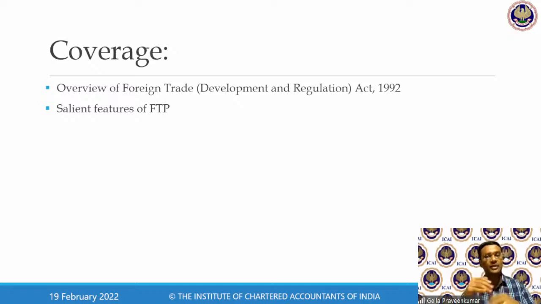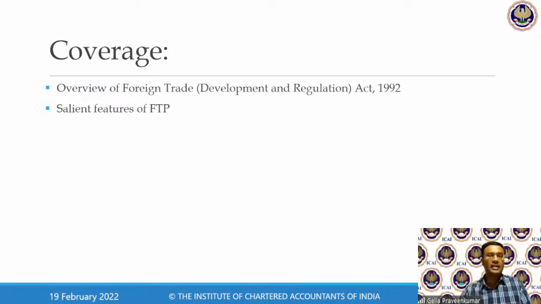Any goods exported out of India, any goods imported into India, need to be regulated: the goods which are freely tradable, the goods which are restricted, the goods which are prohibited. The policy decision is always with the Ministry of Commerce, which gives guidance and frames a policy. So the Ministry of Commerce and Industry regulates my foreign trade policy. These are the basics of foreign trade development and regulation with your foreign trade policy.